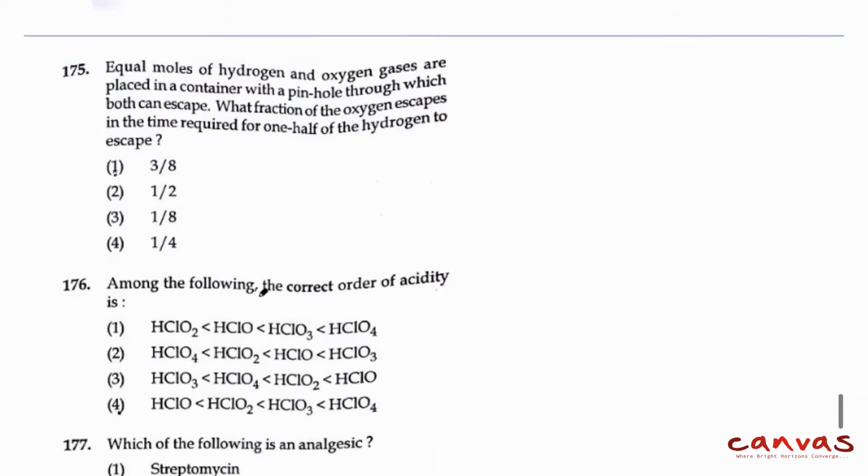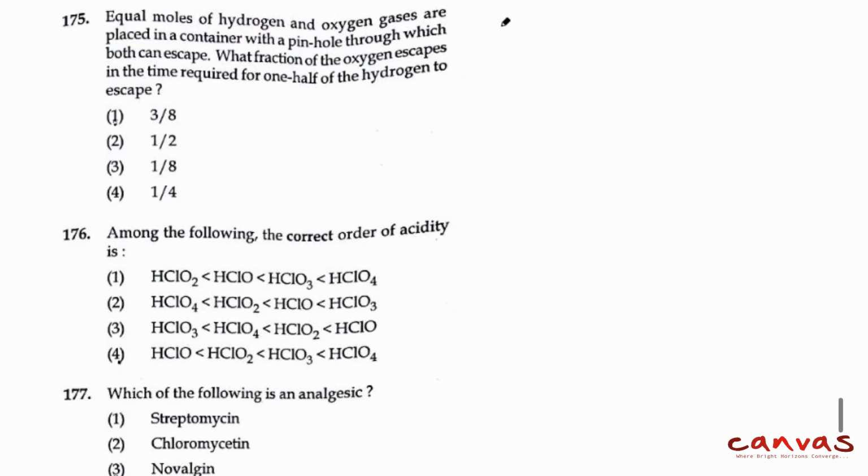Now coming to the 175th question, we have a container with H2 and O2. They diffuse through a pinhole. What fraction of oxygen escapes in the time in which half of the hydrogen has escaped?